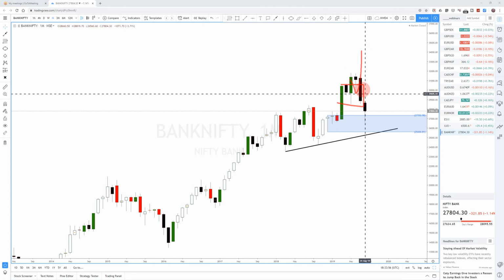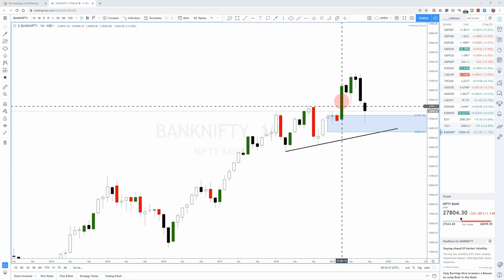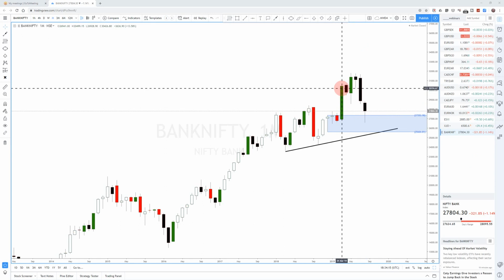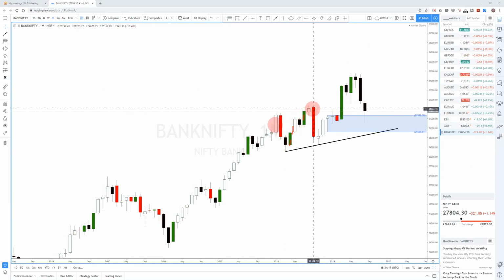So now that we are at a monthly area of demand with the monthly in an uptrend with a bullish ERC candle, a single candle that is much wider than the average ERC candle, much wider, okay? This is way wider than the average candle.